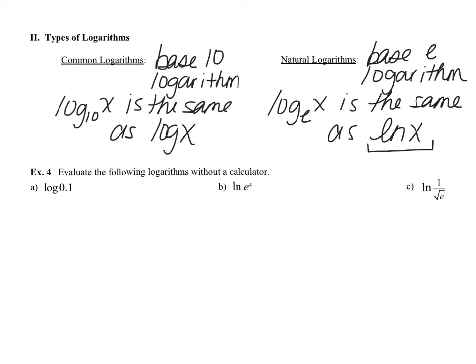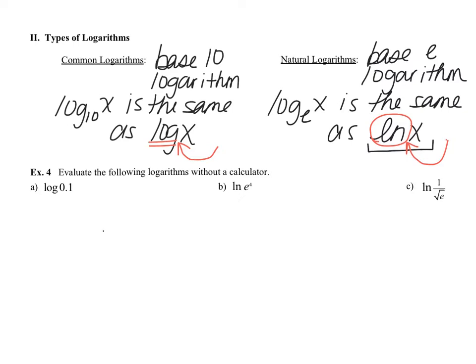Anytime you see the natural log, we automatically know that the base is e. Now, something to notice before we go on: there isn't a base written here. We know this is base e because it was a natural log. Whereas on the common log, there's no base written, but we know it was a common log because we have log here. So we know that that's base 10, whereas the natural log is base e.